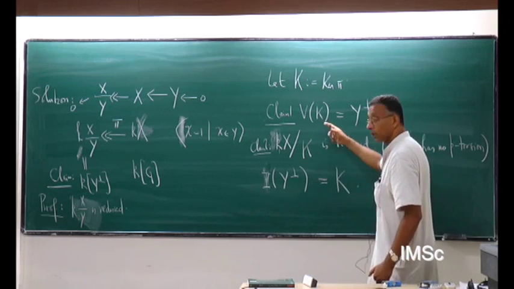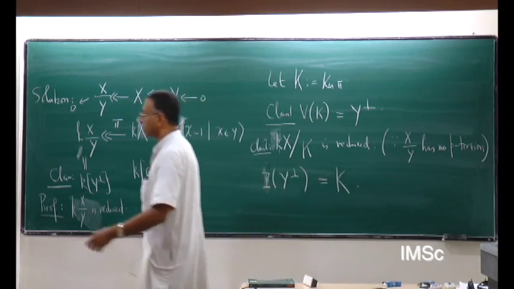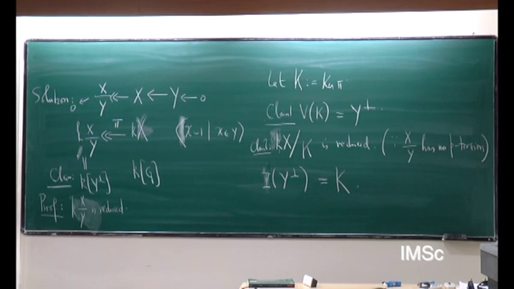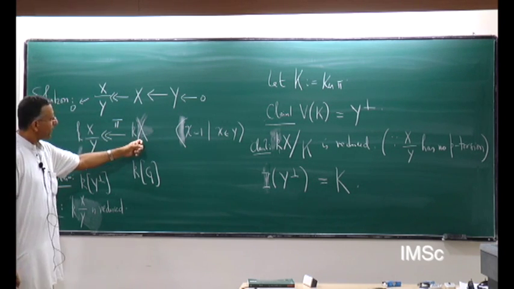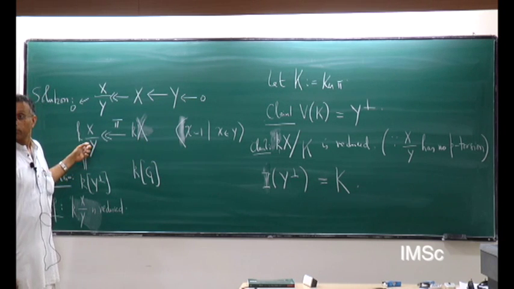Now suppose this containment were strict, there was an element of y perp perp which was not in y. What would happen? Let's call that chi. Take chi in x, so chi minus 1 would be 0 here.